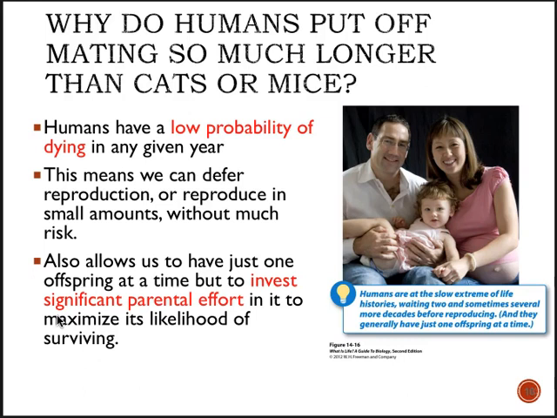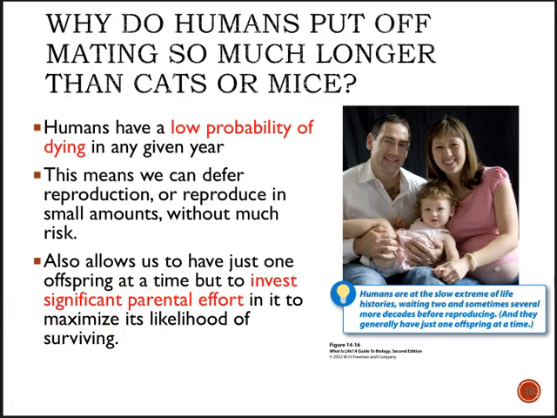Because we have a low probability of dying, because there's not much that's killing us off, we can defer reproduction. It also allows us to have one offspring at a time and put tons of investment, material cost and energetic cost, into that parental effort.